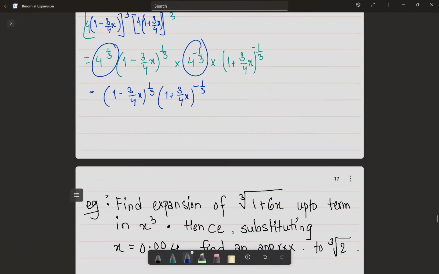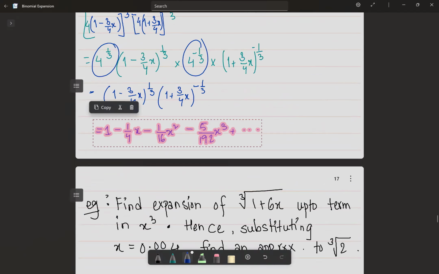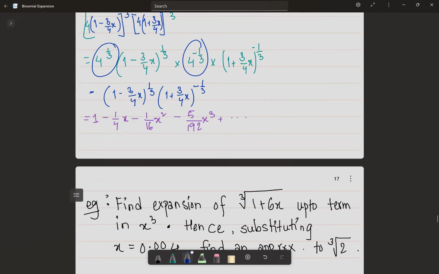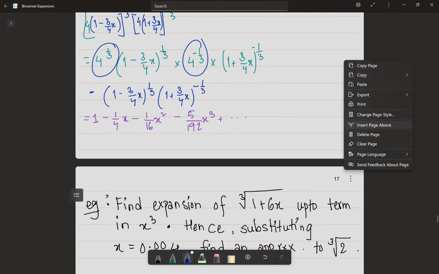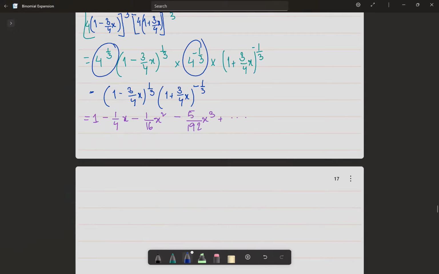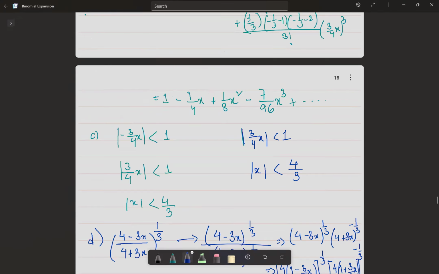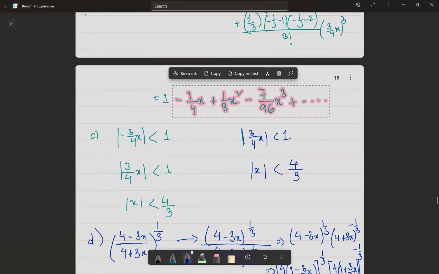So let me write it in here. So we got the first one. And the next one which we have is this one right here. So we will copy this one as well.